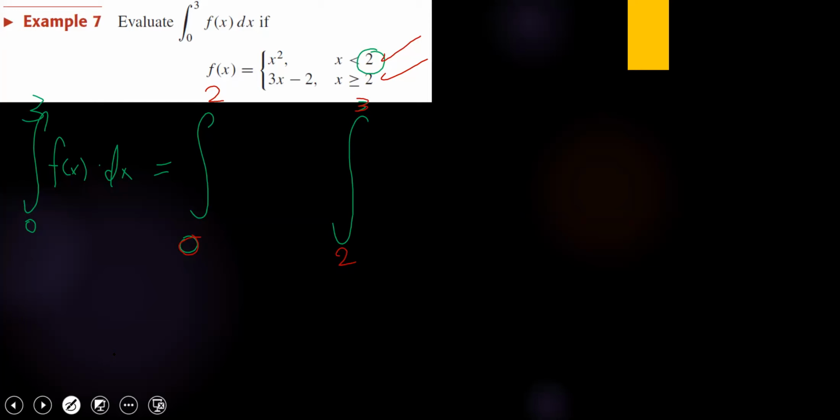Less than 2, bravo. So I will choose this function, which is x less than 2. So I will put here x squared dx plus, and from 2 to 3, I'm talking about x greater than 2, so I will use 3x minus 2. This is the first step.